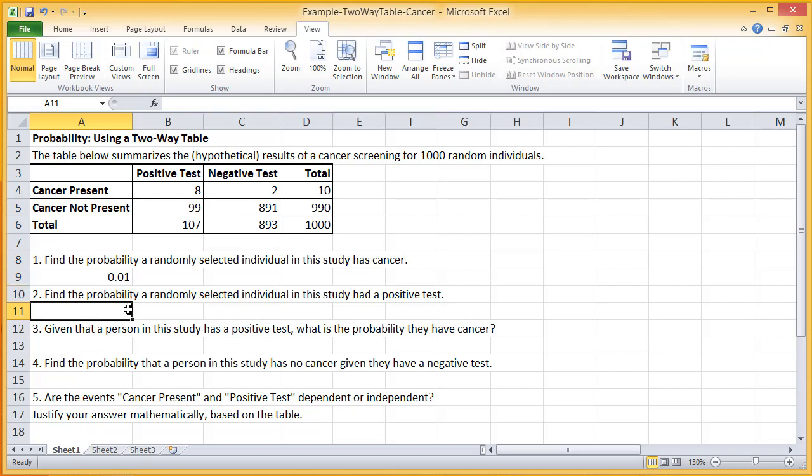The second question says, find the probability a randomly selected individual in the study had a positive test. So very similar to the previous problem, we're picking randomly from everyone in the study, so the denominator is 1,000.